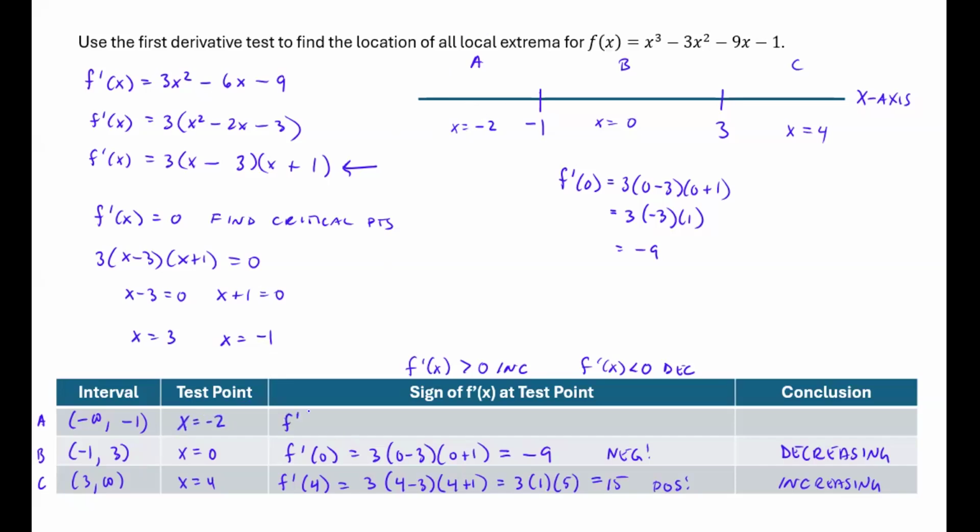So f prime at -2 is going to give me 3 times -2 minus 3 and -2 plus 1, which will give me 3 times -5 times -1, which will come out to positive 15. The important part is that it's positive. So my conclusion here is that this interval should be increasing.